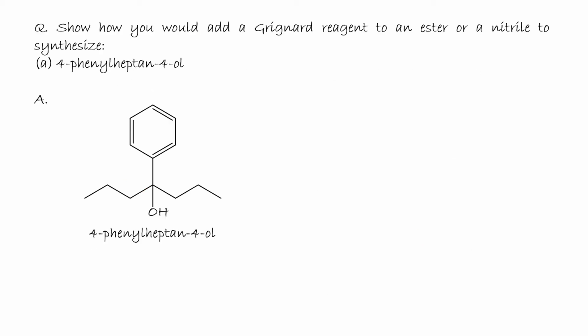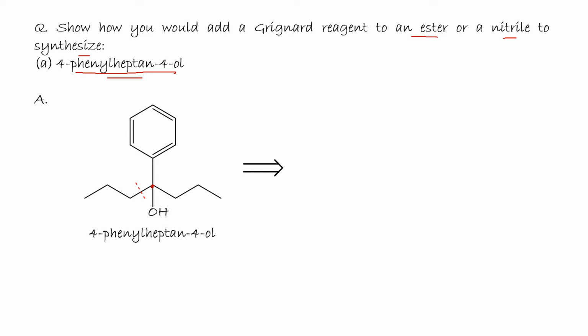Show how you would add a Grignard reagent to an ester or nitrile to synthesize 4-phenyl heptan-4-ol. This is the structure of 4-phenyl heptan-4-ol.